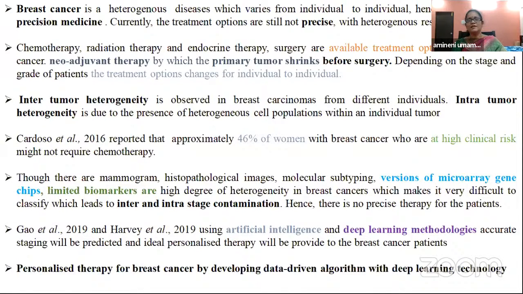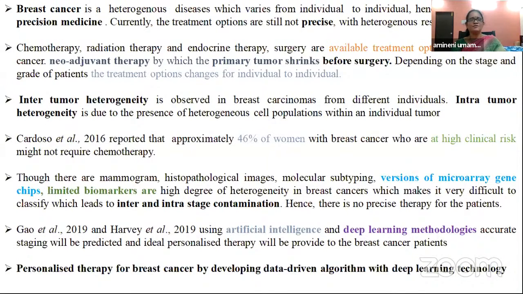So there is a need for precision therapy. For that, we have to apply artificial intelligence or deep learning methodologies to get accurate staging. Once we know the stage, we can give the right type of therapy.